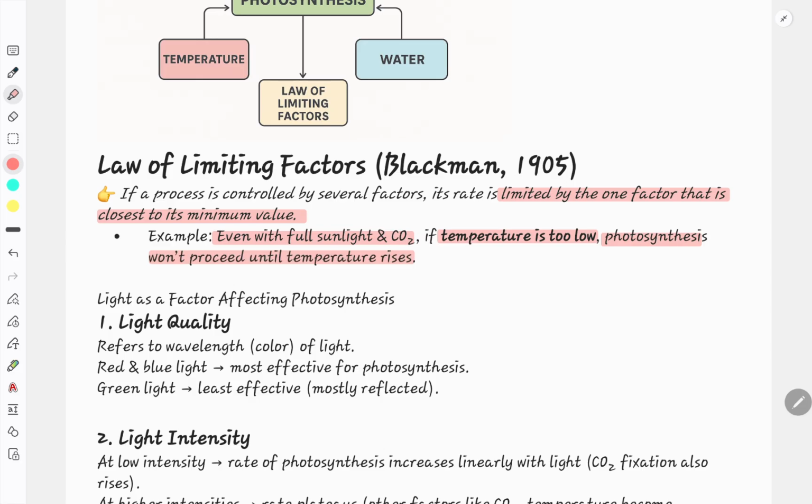It means if a plant stays under low temperature, then enzymes will not work, and this inability of enzymes to work will lead to low photosynthesis or no photosynthesis. Then the temperature will be the limiting factor for the photosynthesis reaction.